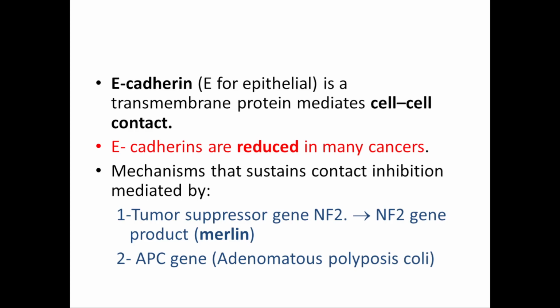The mechanism that sustains contact inhibition is either the NF2 tumor suppressor gene or the APC gene, adenomatous polyposis coli. We will talk more about the APC role in E-cadherin and cell-cell contact or contact inhibition.